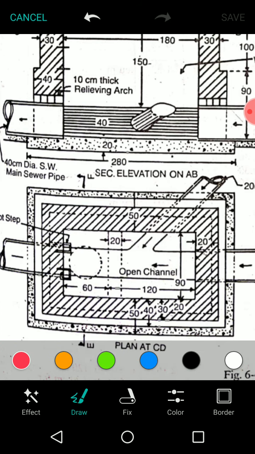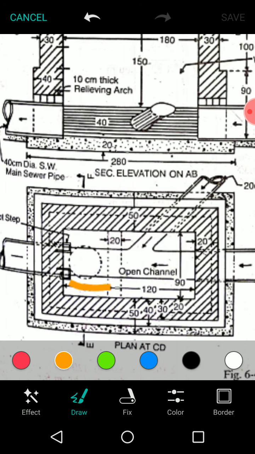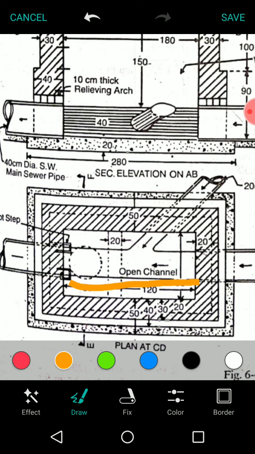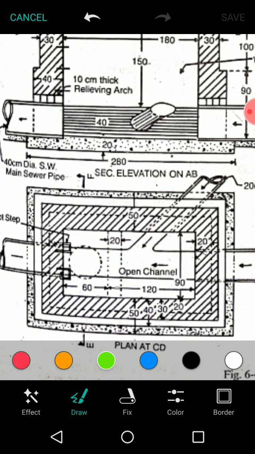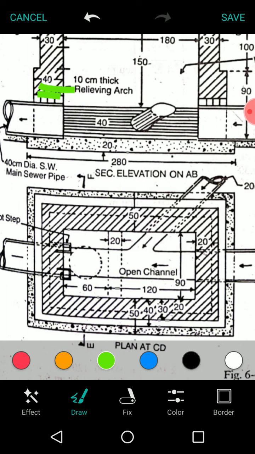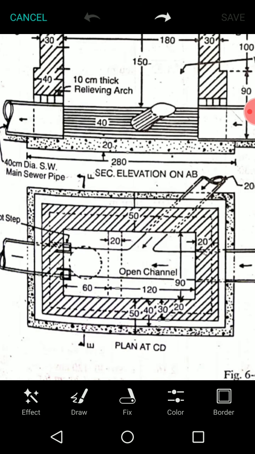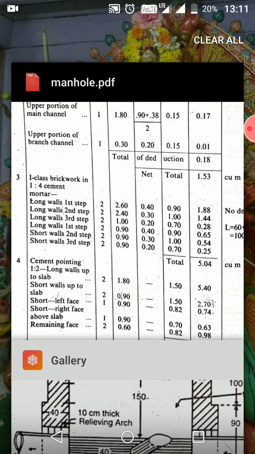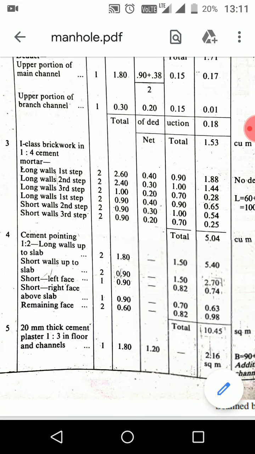What is the in dimension here? 60 plus 120, so 1.8 meters it is, plus 40 centimeters on both sides. You can observe in the section it is 40 centimeters on both sides. So how much is it? It is 2.6 meters length. So this is about the first step.